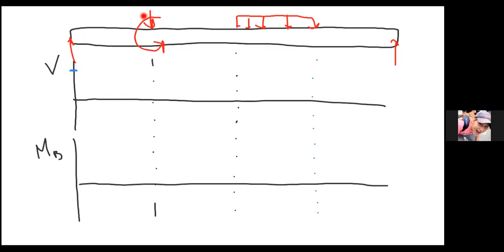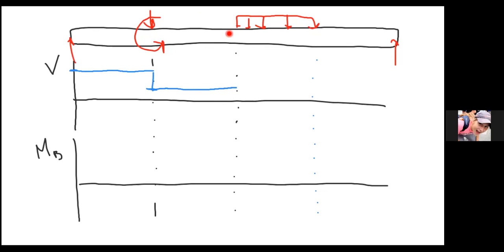I'm not writing it just because I don't have enough space, but then we'll just go straight until we hit the point with this point load. It's the same thought process. We've got this load just pointing right down, so it's going to drop us down the magnitude of that load, which is 3,000. So down here, we're looking at 1750. But once again, nothing's changing in this section of the beam in terms of shear force, so we just continue sideways.